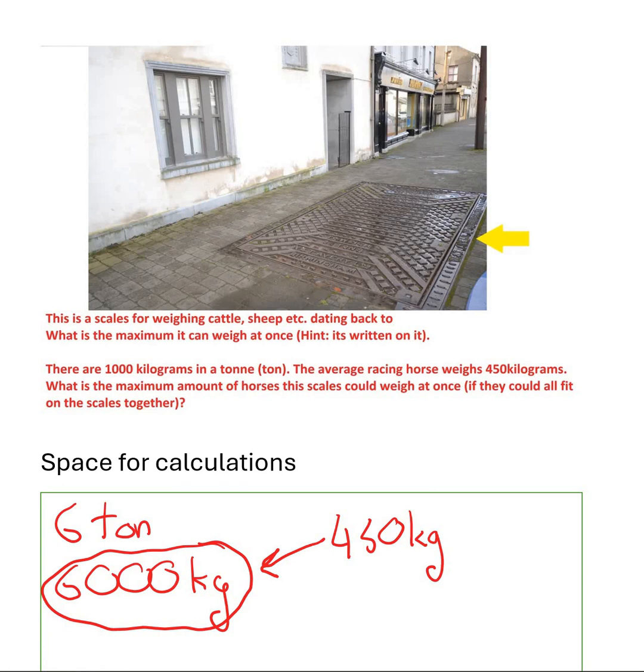And we get 13.33. So that can have 13.33 horses on it on average at once. However, we don't really have 0.33 of a horse, so I would be saying it can take 13 horses at a time if you could fit them all.